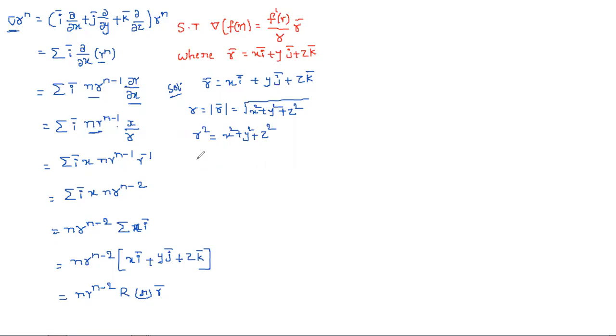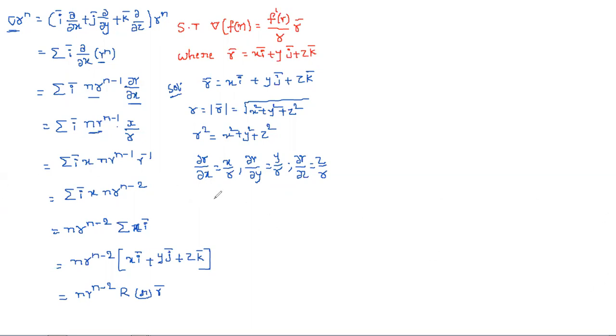By applying partial derivatives, what we got for this: dou r by dou x is equal to x by r, dou r by dou y is equal to y by r, and dou r by dou z is equal to z by r. This is the information you people have to know if they mention position vector in the problem. Now coming to the problem, del f of r.